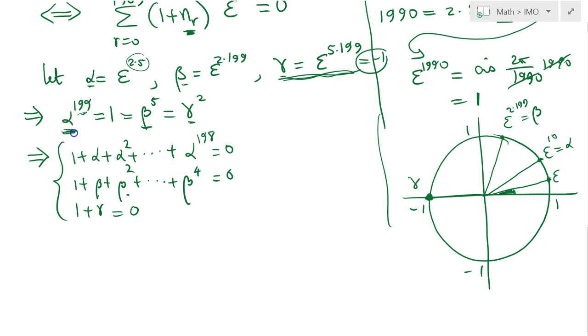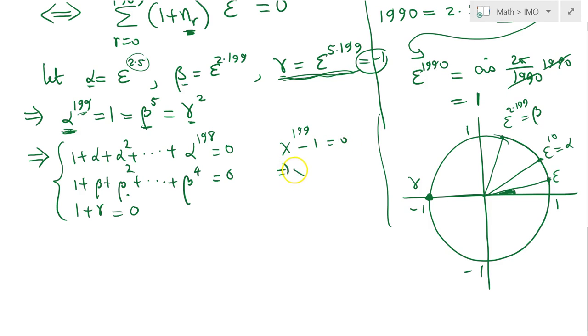Because alpha is the root of the equation x to the power 199 minus 1 is equal to 0, and you can factorize this.